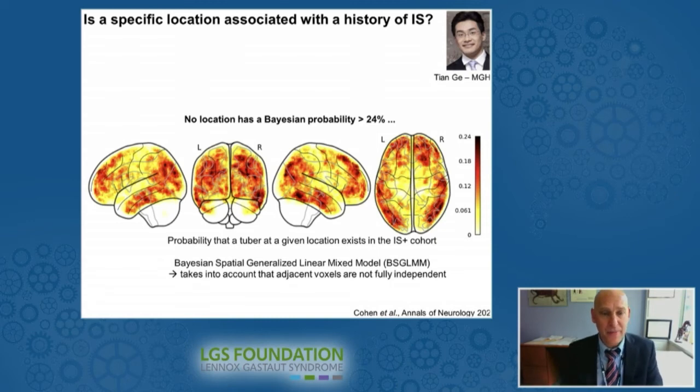So when you do your math on predictability of is there any type of location associated with infantile spasms, then it's good to take into account that the neighboring voxels may also be affected. Otherwise, you have to do an endless amount of correction for false positives. And the best predictive ability of these darker voxels, where apparently there were more tubers, was about 24%. So there's not a single location that could predict which patient would get infantile spasms and who would not.